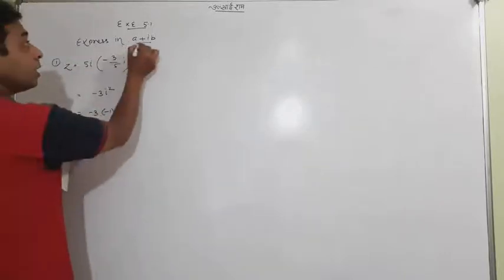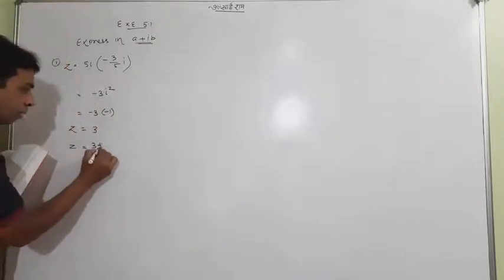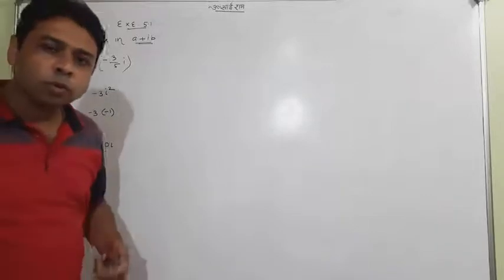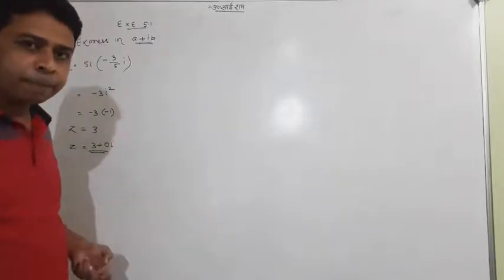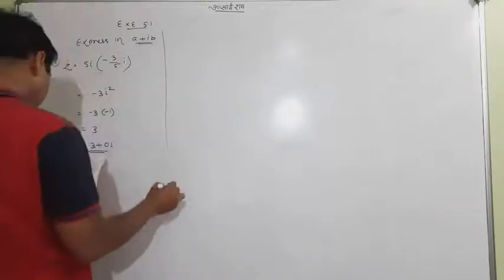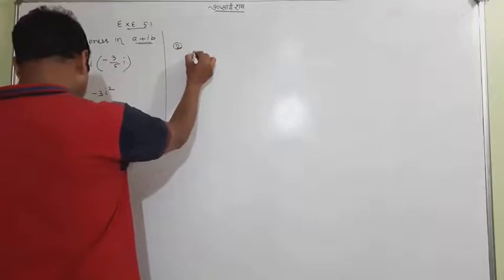Actually you have to write it in a plus ib form, so you have to create the i also. So just write 3 plus 0i, and that's the answer. Since i is not there, you can create it from your side like that. So this is simple. All questions are on the same basis. I don't think I need to tell you much about that. Suppose I am telling you question number second.